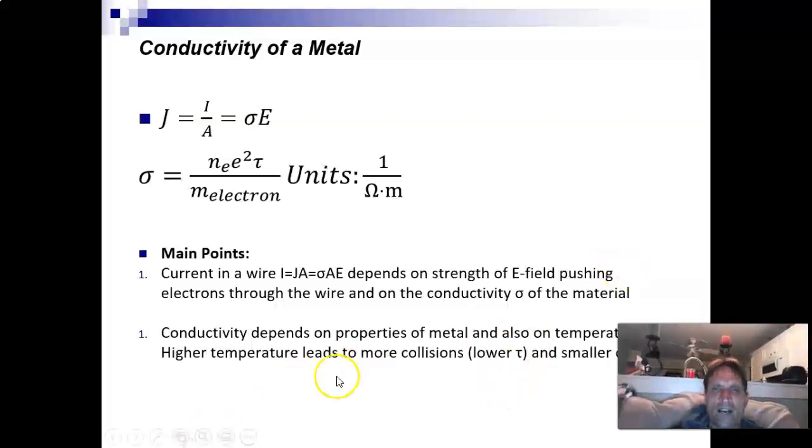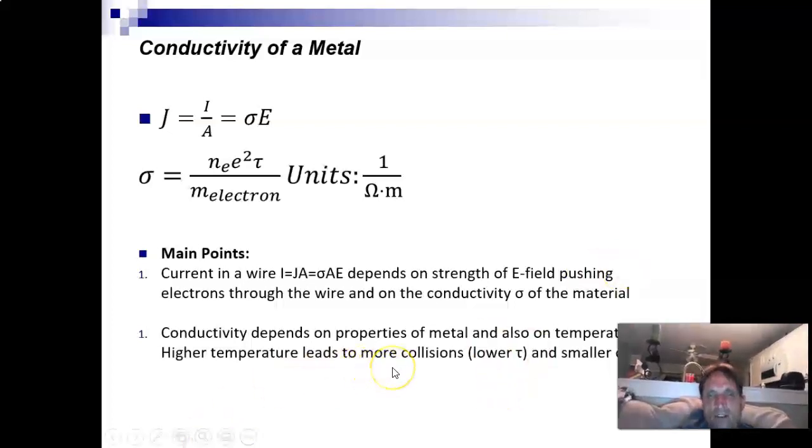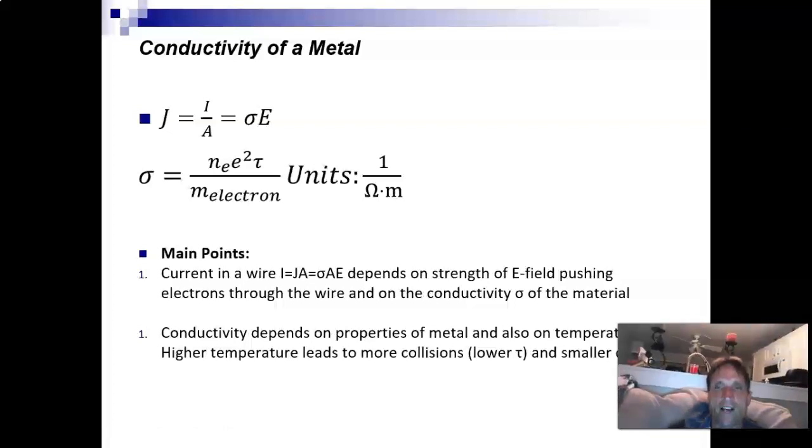At higher temperature, the electrons are going to have more energy, moving around faster, and smacking into the ions more often, and that will lead to lower conductivity. In other words, there's more thermal agitation. They're smashing into the ions and moving around more, but really not moving along the direction of the field. So at higher temperatures, the conductivity is lower. It tends to conduct less current.